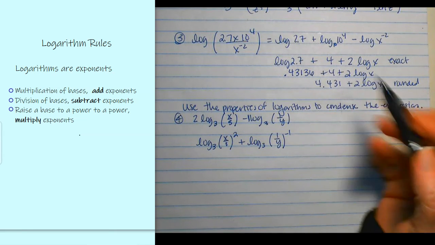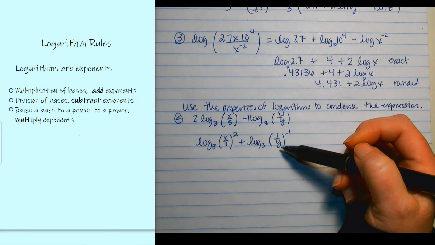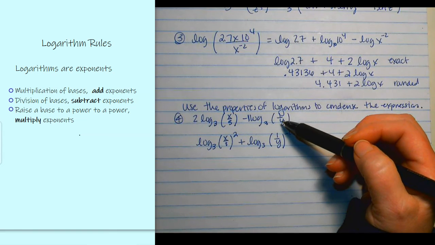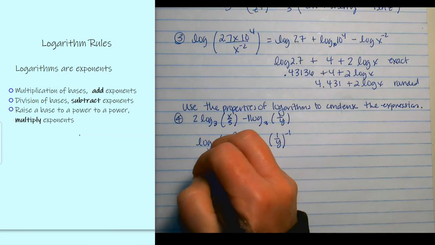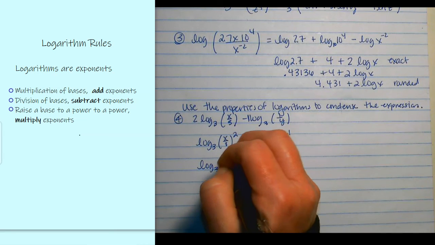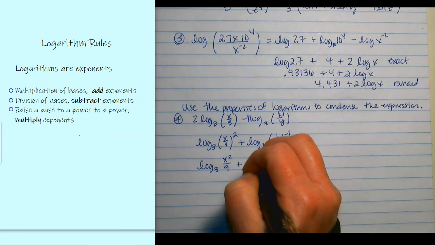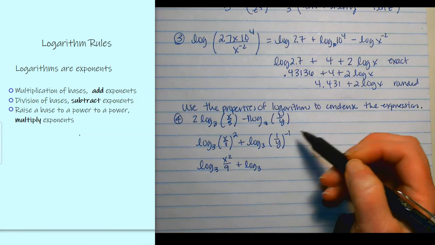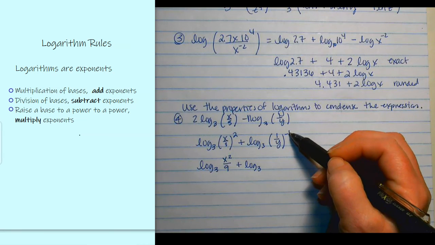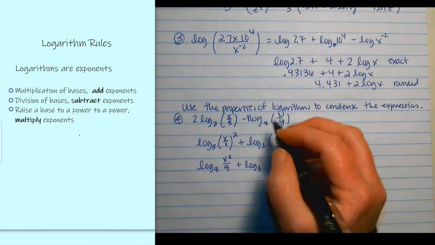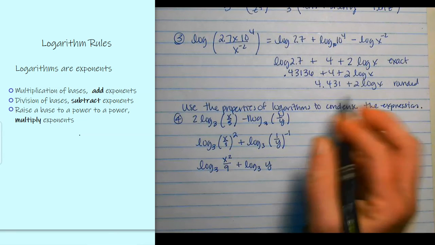The reason we do that is because this is going to be a fraction, and if we divide by the fraction, we've got fraction rules to deal with. So simplify within, now we have log base 3 of x squared over 9 plus log base 3 of 1 over y to the -1 means move the y to the top, so this is just y.